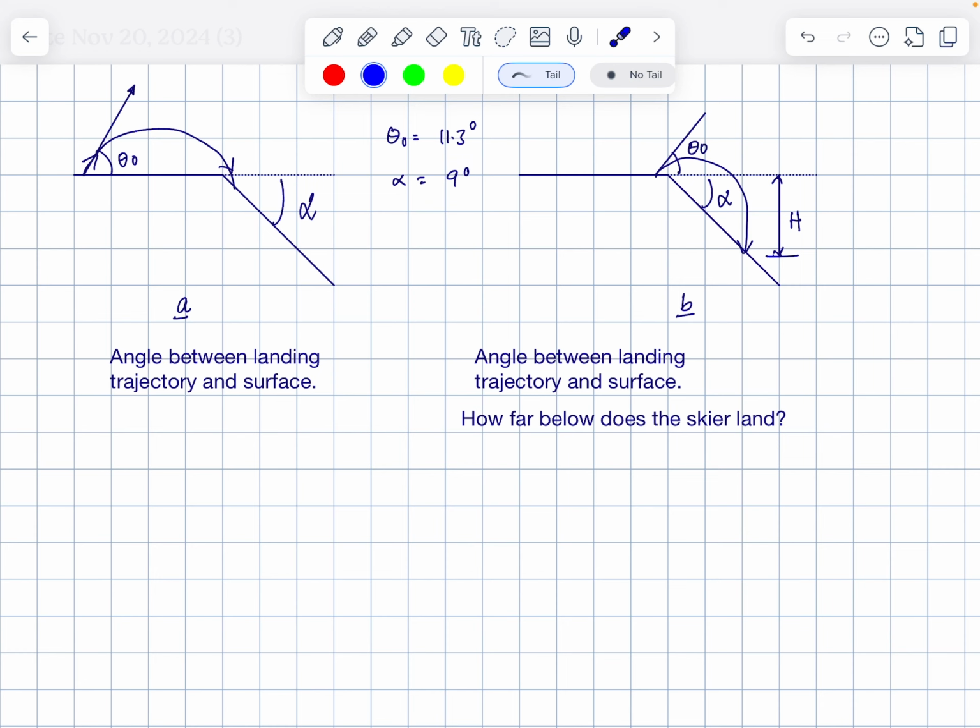And in the second problem, the skier barely jumps from the edge of the horizontal surface at the same angle and reaches a point much below. So we want to again find the angle between the landing trajectory and the inclined surface, and we also want to see how far below the horizontal surface the skier lands.